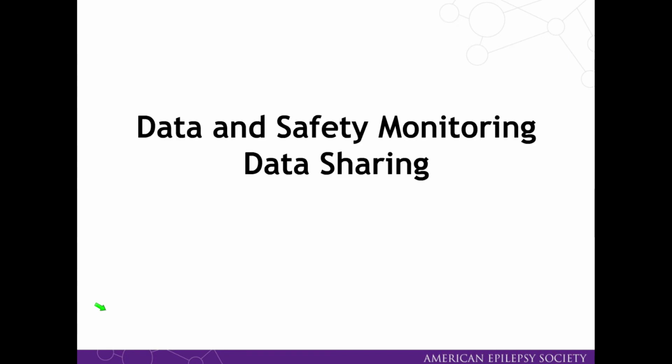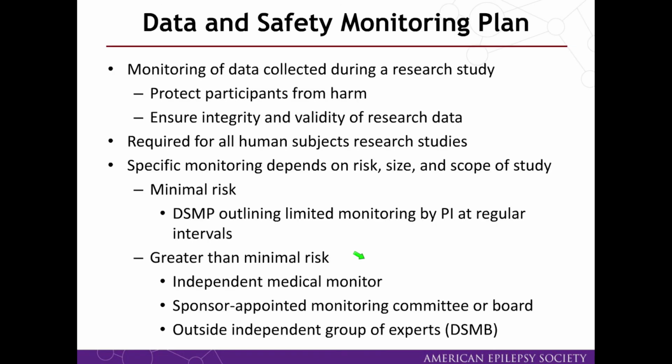So then finally, I'm going to talk about data and safety monitoring and data sharing. Each proposal will require a data and safety monitoring plan, which is designed to protect participants from harm and make sure that your data is valid.